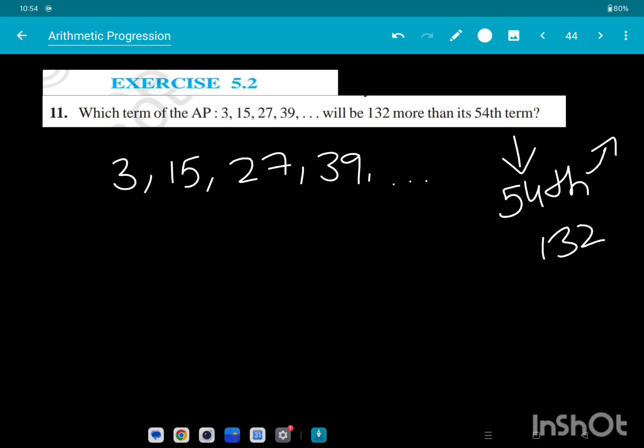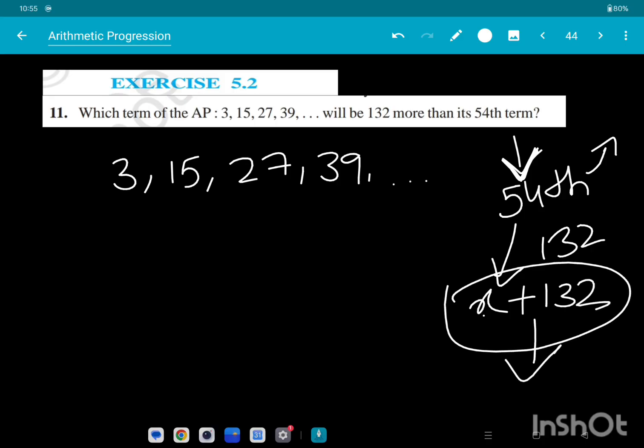So here the question is, one value will be there for the 54th term, right? Let's say it is x. Then which term is 132 more? If I add 132 to this term, then what is this term? We need to find the nth value by adding 132 to this 54th term.